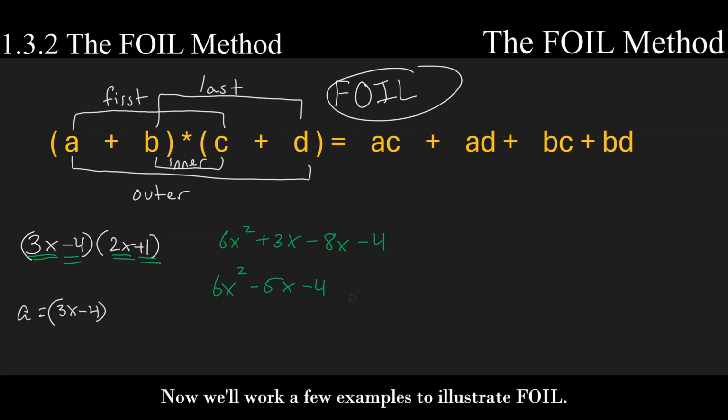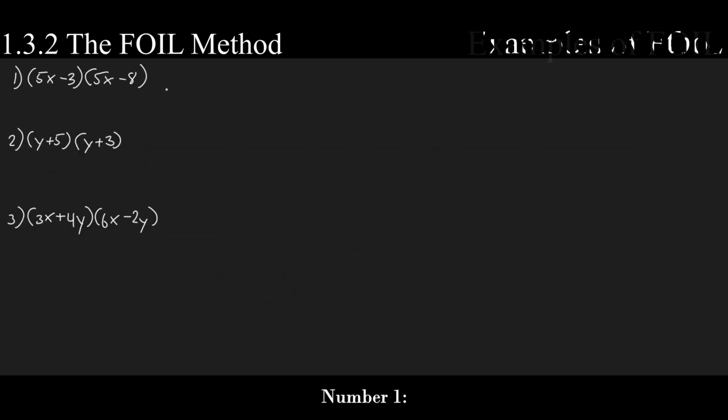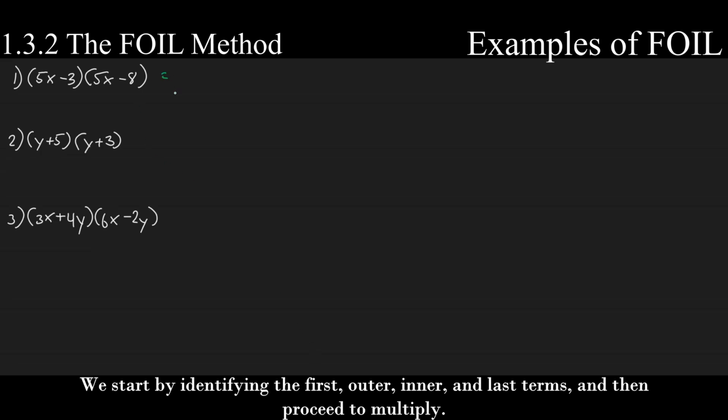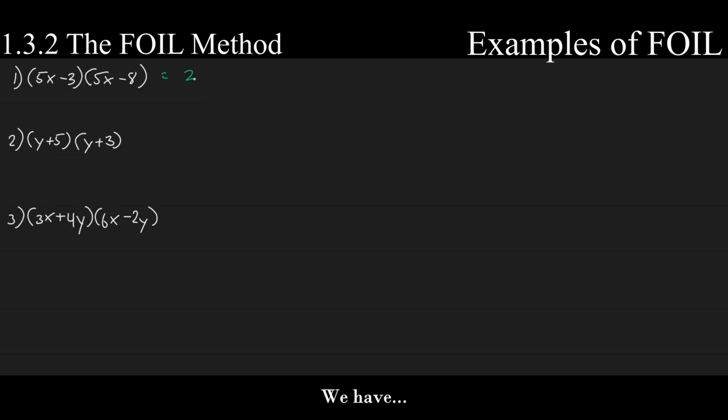Now we'll work a few examples to illustrate FOIL. Number 1, (5x minus 3) times (5x minus 8). We start by identifying the first, outer, inner, and last, and then proceed to multiply. We have 25x squared minus 40x minus 15x plus 24.